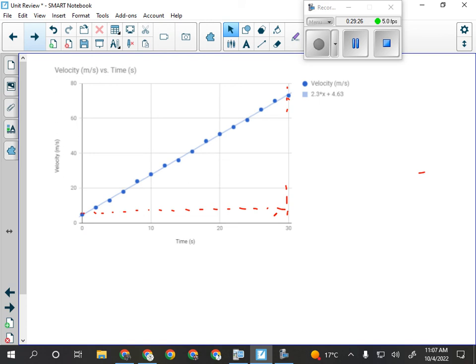30 is the end of the graph. In case you can't read that, this is y equals 2.3 times x plus 4.63. If I want to calculate the displacement of this object, I basically need the area underneath the line. For this rectangle here, if I drew that as a graph, that would be an object traveling at a constant velocity, which is why that part can be calculated by taking the initial velocity and multiplying by time.